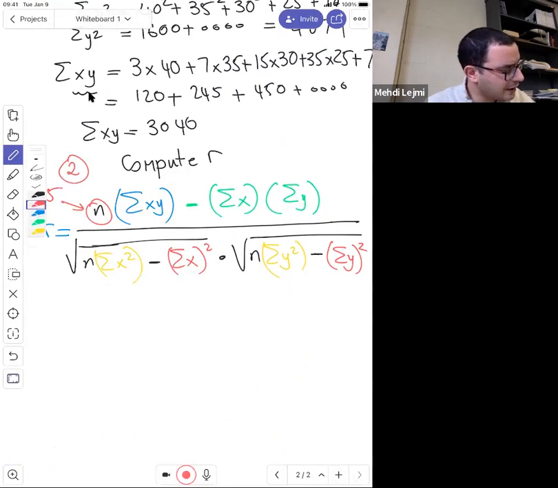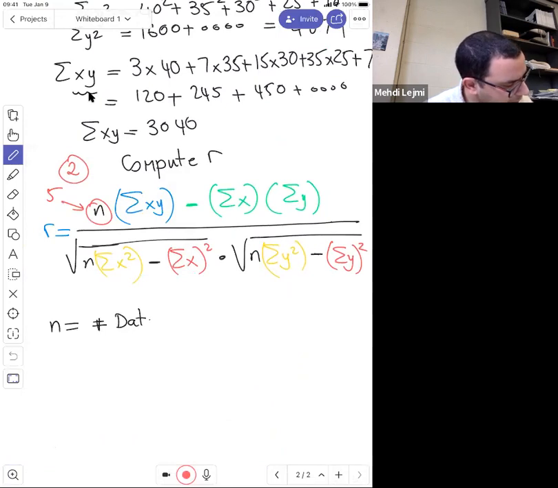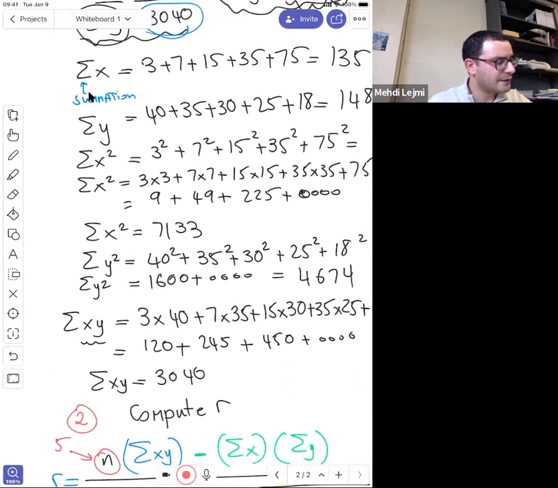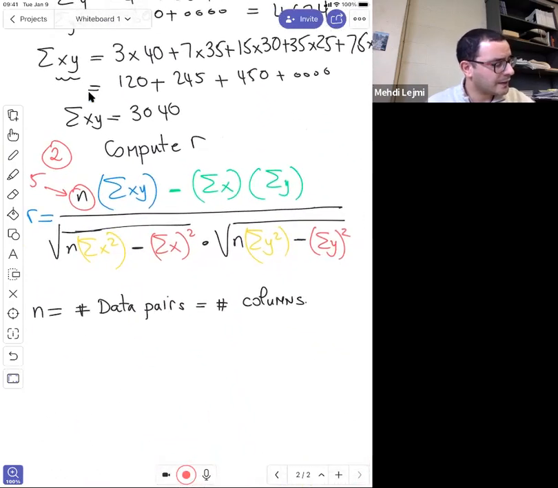Let me write down that this n is the number of data pairs, or you count how many columns. We have 5 different columns of values of X and Y, so n is 5 in this case.